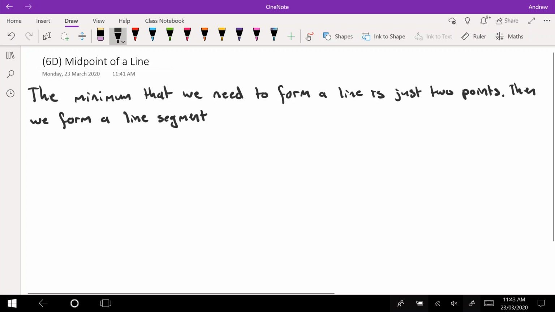So we form a line segment which has the 2 endpoints and the line that's connecting them. And it has a length. And since it has a length, it also has a middle.